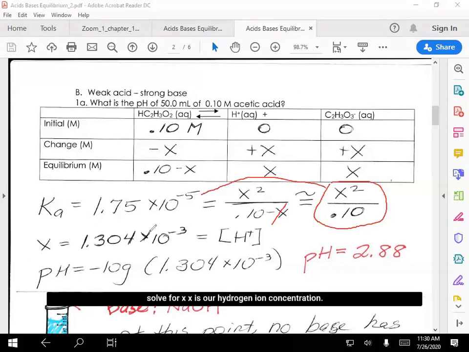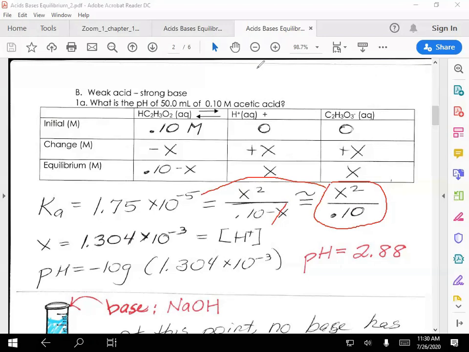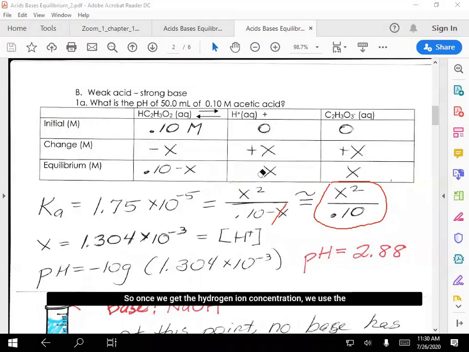Solve for x. X is our hydrogen ion concentration. So once we get the hydrogen ion concentration, we use pH equals minus log of our hydrogen ion concentration, and we get this pH. So this pH is before any base has been added.